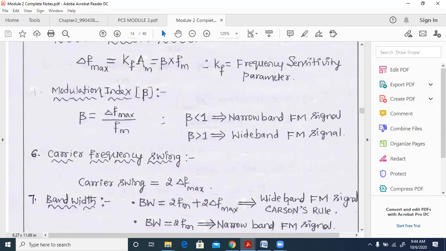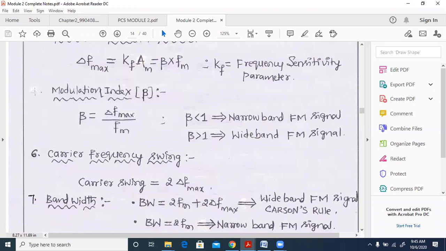When we talk about the wideband FM signal, that is known as Carson's rule, where fm is the modulating frequency and del f max is the deviation. So sometimes we'll write 2 common, in the bracket you'll just write fm plus del f max. Okay, that is the one which is for wideband FM signal. For narrow band FM signal, we just take only this because deviation at that time is very small.